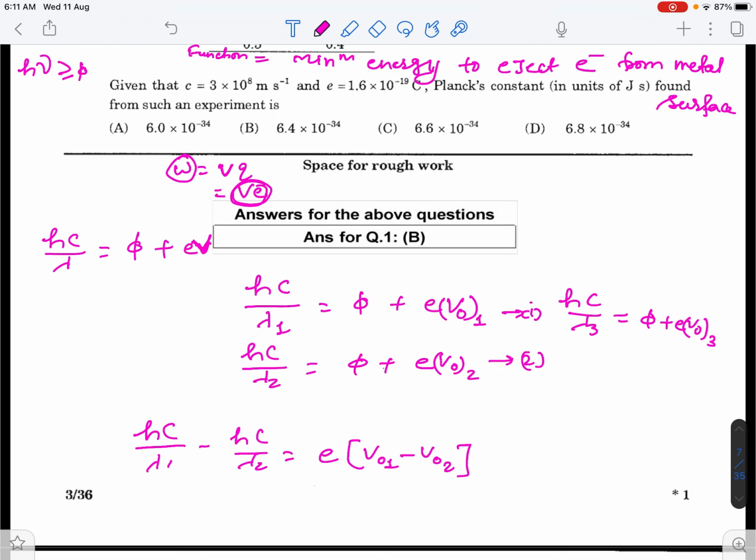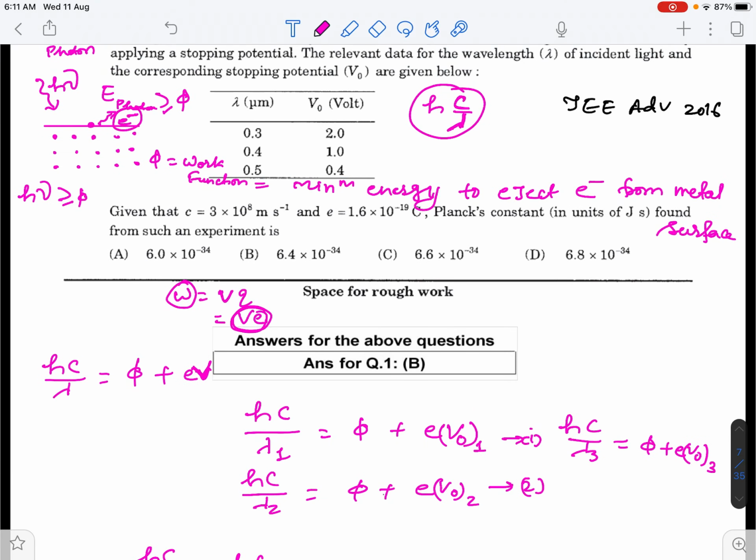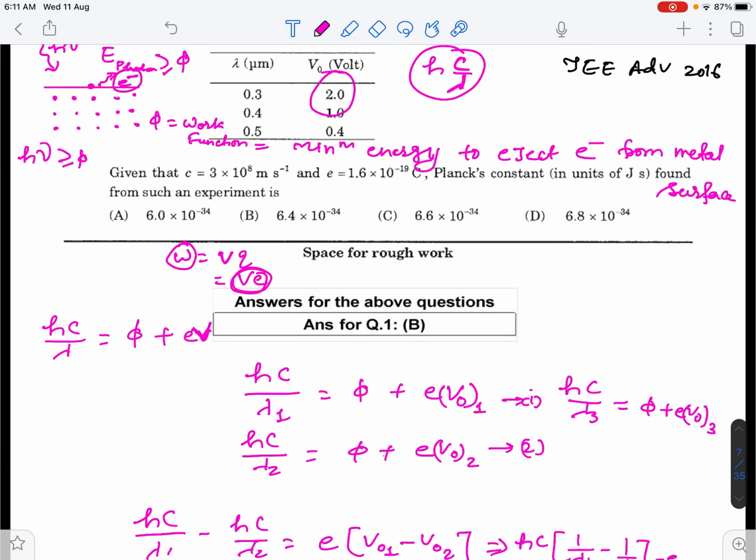Now I am substituting the given values. Taking hc common, 1 by lambda 1 minus 1 by lambda 2 is equal to e times V01 minus V02, that is 2 minus 1.